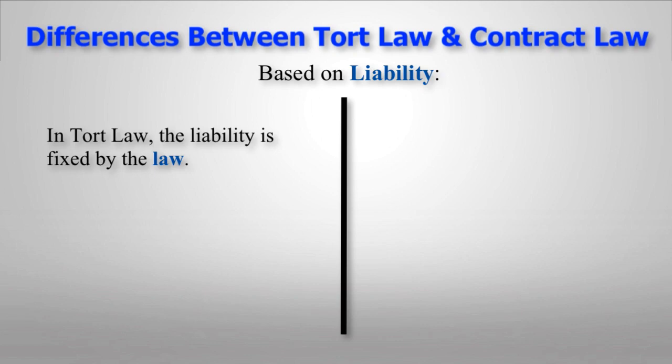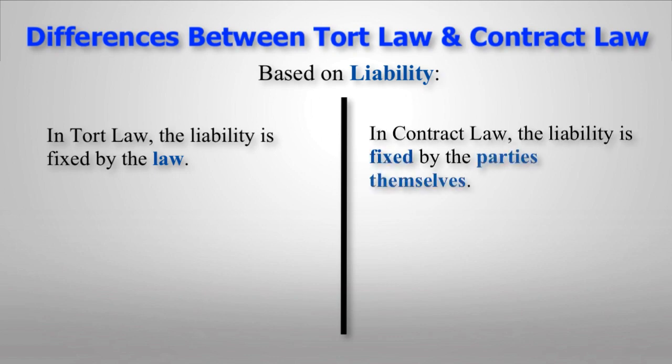So it may be the court who decides how much damages you will be paid. But in the contract law, the liability is fixed by the parties themselves, okay. So there it is law, here parties themselves.